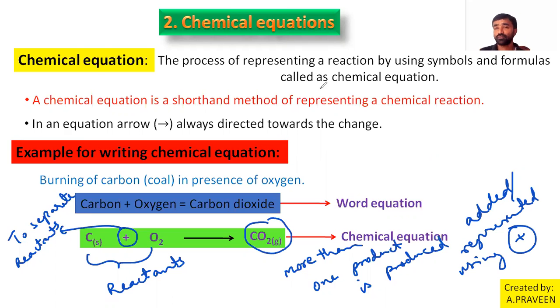Clear? Why are we using the plus symbol? Are you clear why I am using the plus symbol in the equation? Plus is used to separate the reactants or the products.